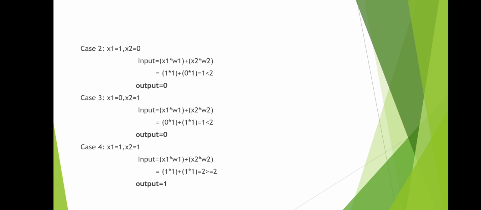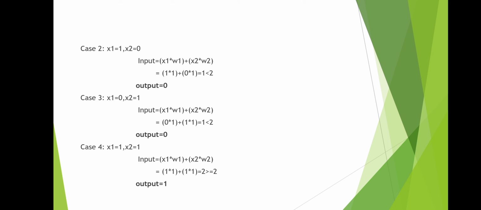Case 3 is x1 and x2 as 0 and 1. Using the same formula, x1 into w1 plus x2 into w2, the value is 1, which is less than the threshold value 2, so the output is 0 and the neuron does not fire.